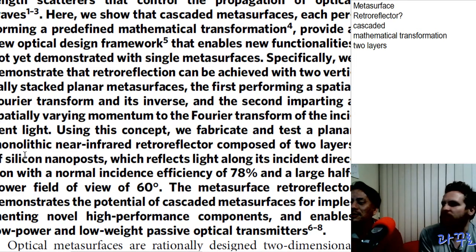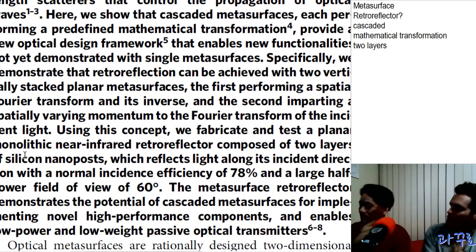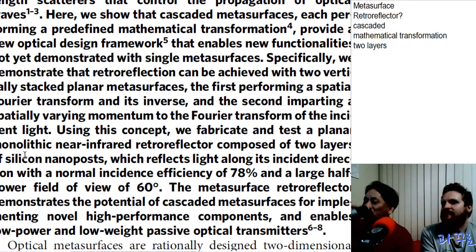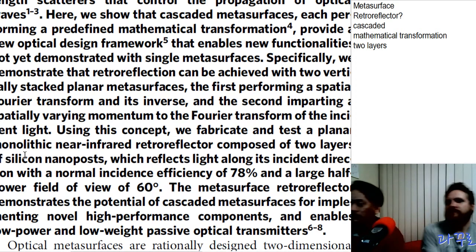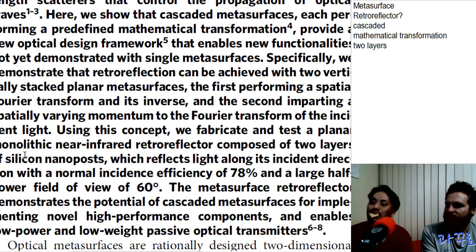We have mirrors that are about 99%, even 99.999% or something. So it has already lost a lot of reflectiveness at normal incidence, but it's still impressive that they can get an angle of up to 60.